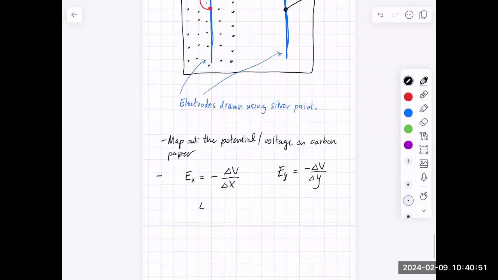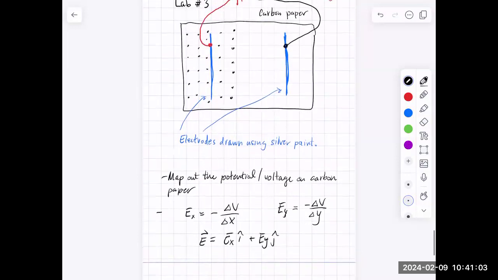And then finally, you could say the net electric field will be EX in the I hat direction plus EY in the J hat direction. And so now you know the electric field at that point. You'll be given some assistance through some function that will do that calculation for you at all points on this paper, and you'll be able to map out both the electric potential and the electric field.